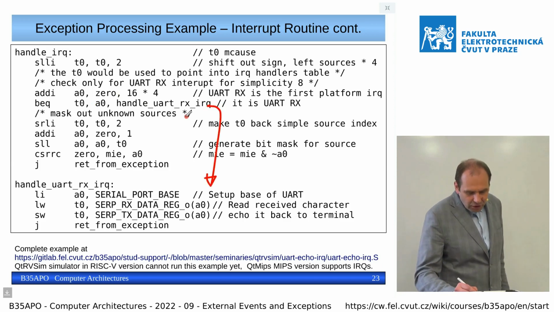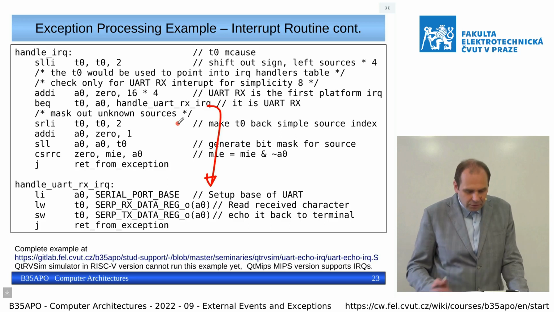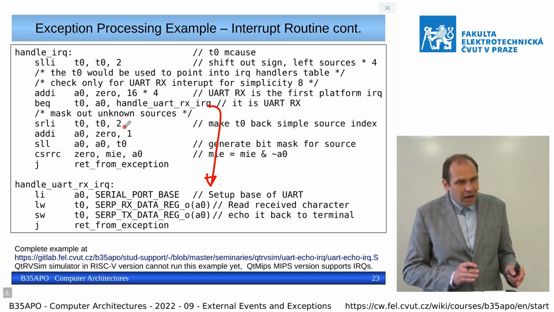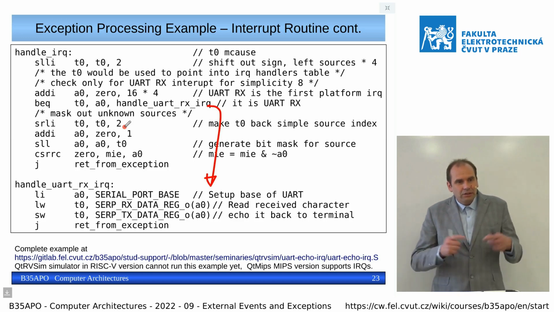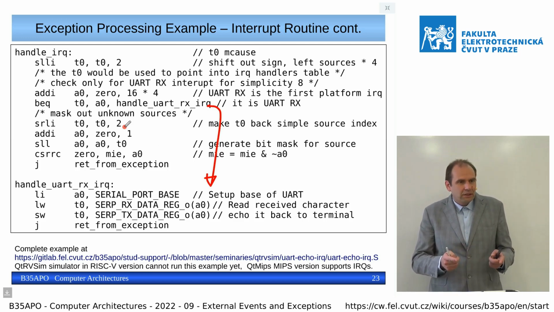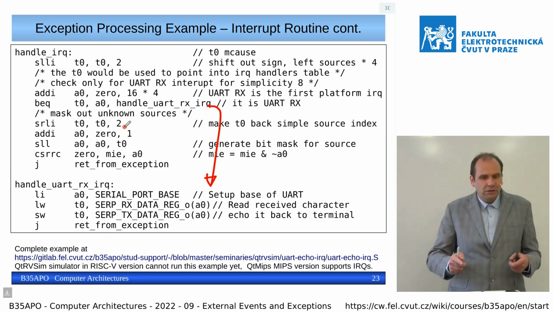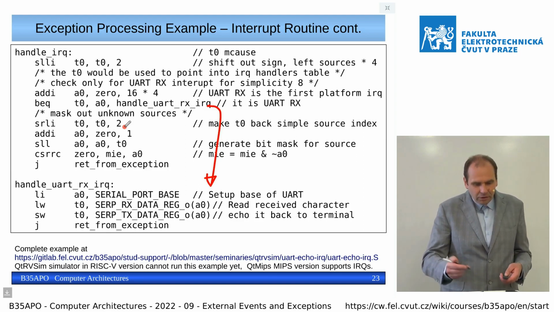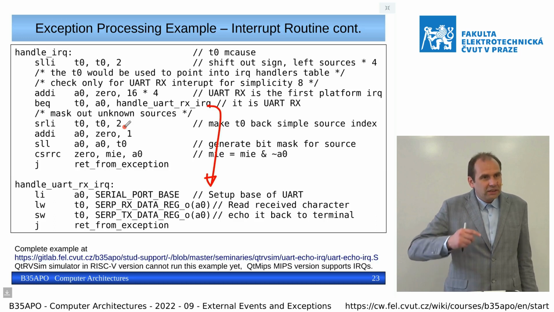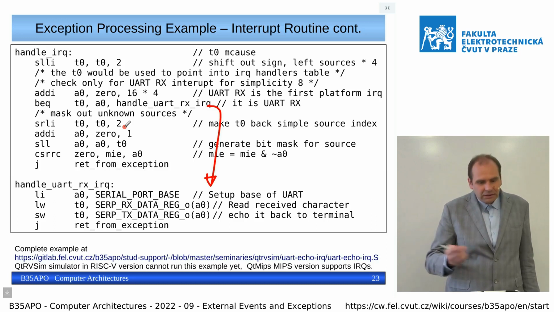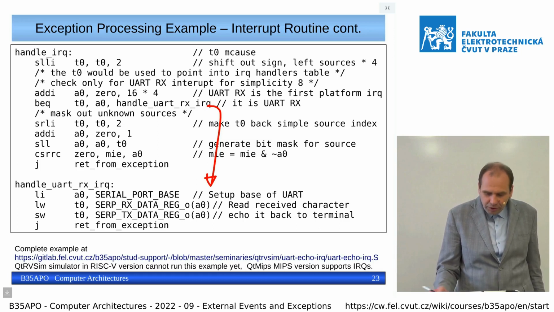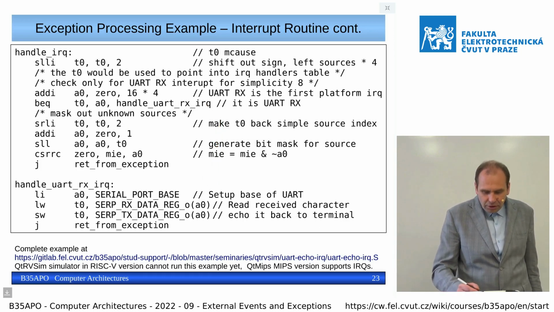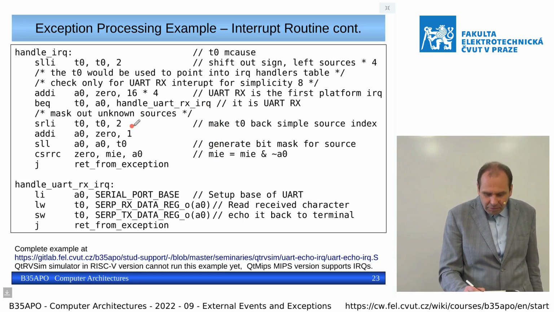If it is not, then it is best to mask out the given source, because if we have not processed it and not cleared it in the pending register, then at the end, at the moment when we try to return from the exception by mret on the previous page, it would invoke the interrupt again. So such a source, which is spurious, unhandled, can be masked.